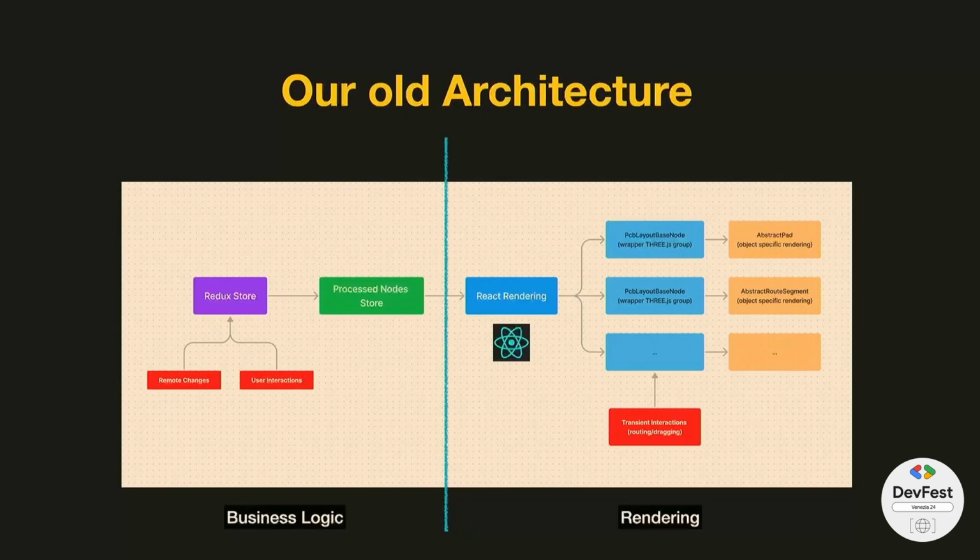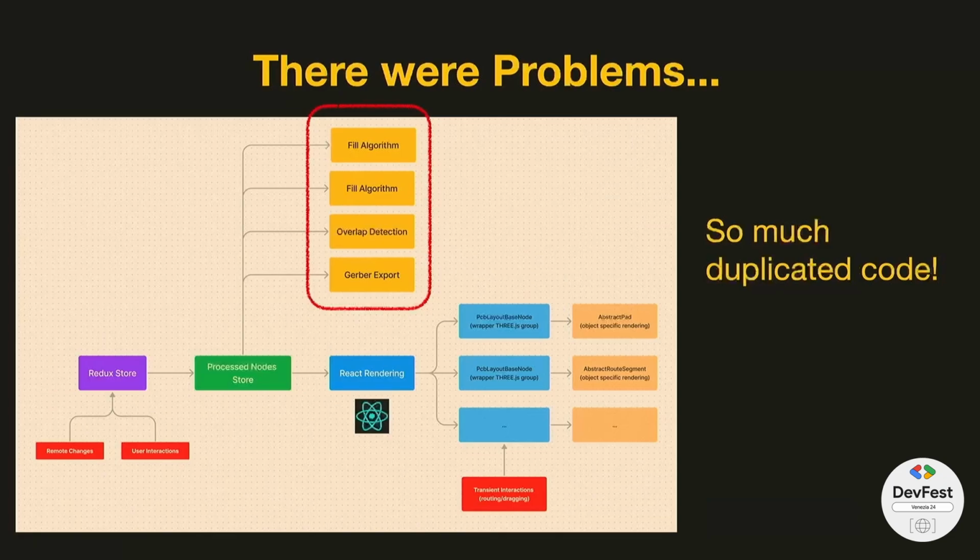And this brought a lot of problems, because we only tried to make it fast by touching rendering, adding a lot of responsibility to rendering. What happens if we add more features? What happens when we add the export, overlap detection, filling, and all stuff like that? We ended up with a lot of duplicated code, because if rendering has too many responsibilities, then all those responsibilities had to be replicated in all the other CM systems as well.